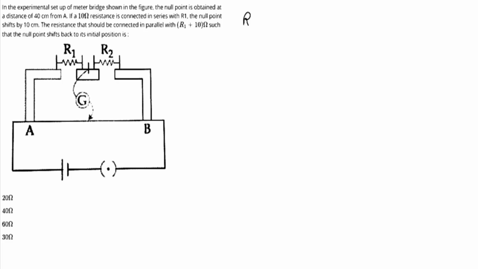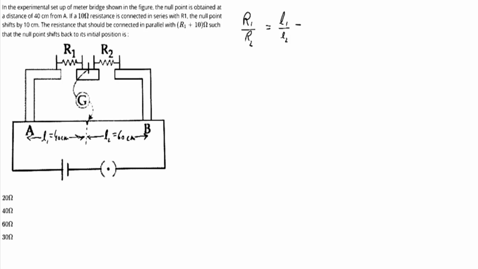as we know, at balance condition R1 upon R2 is equal to L1 upon L2. This we have L1 to be equal to 40 centimeter, and this is L2 which is equal to 60 centimeter.